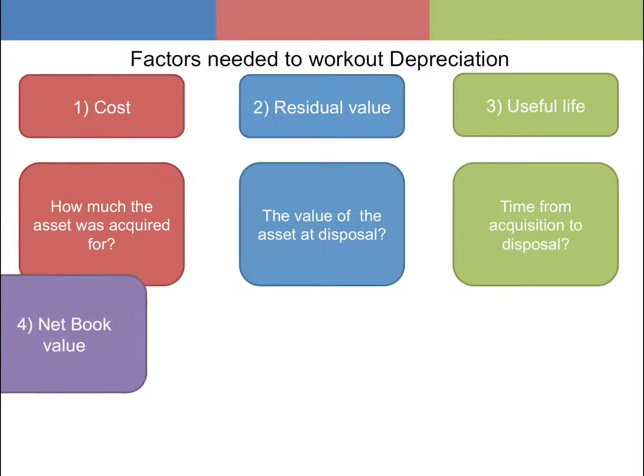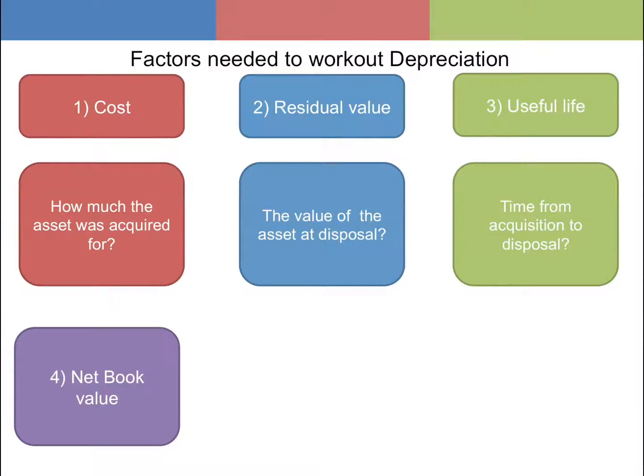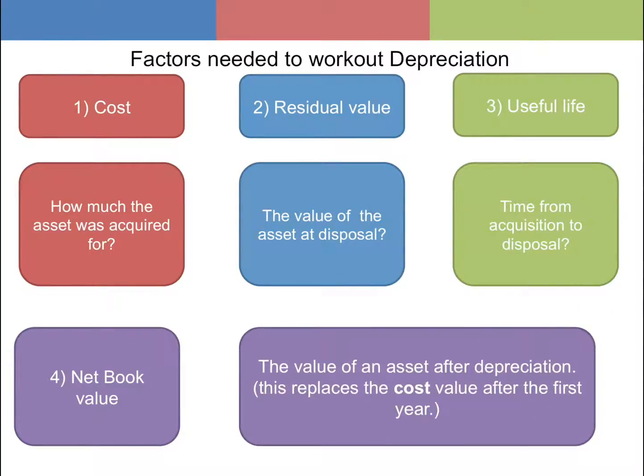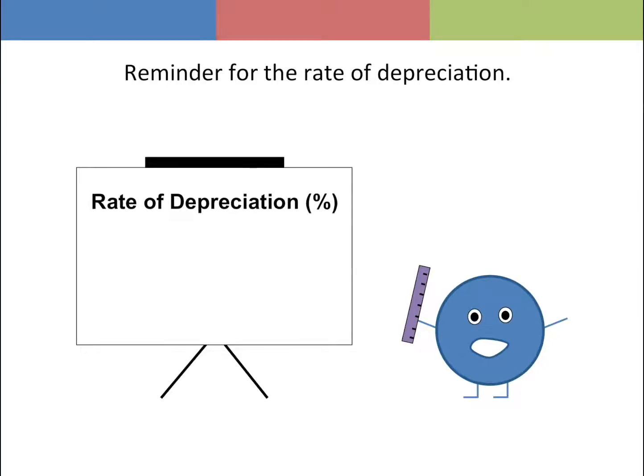After each year, the asset's value after depreciation is then used as the opening value for the next year in replacement of the cost. Rate of depreciation as a percentage equals 1 divided by its useful life times 100.